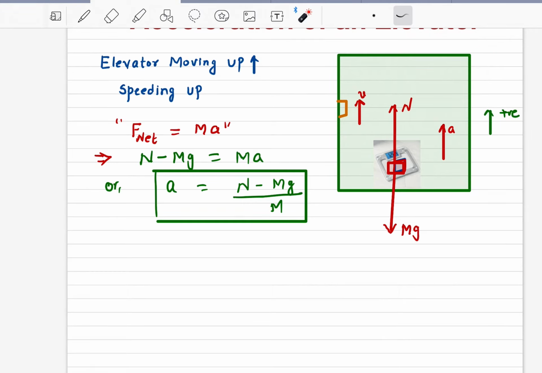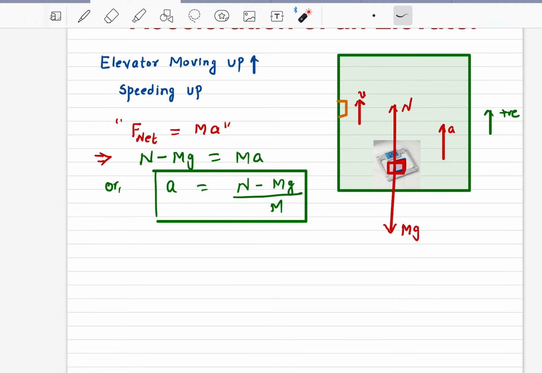Because that is the weight you feel, you experience when the elevator is moving up. So this normal force we call the apparent weight. All right, so this was one condition.